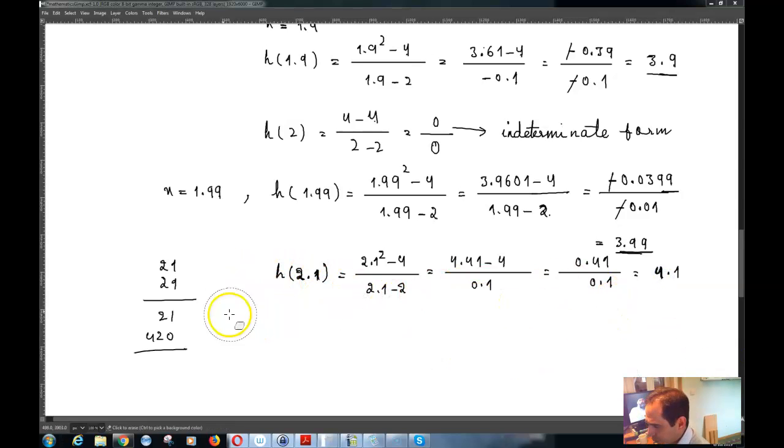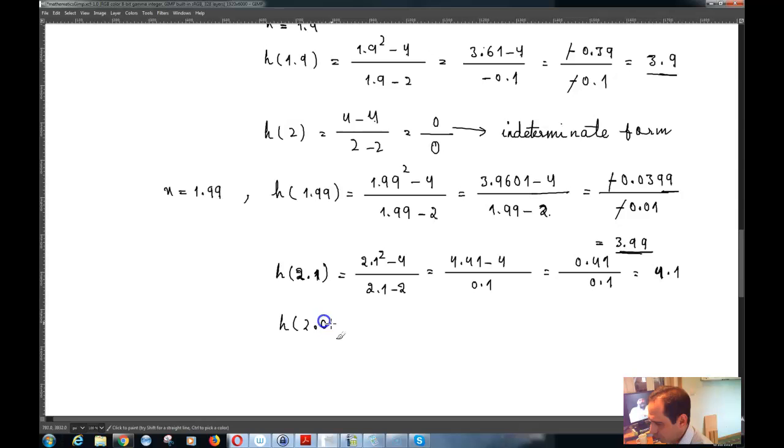If you go 100th of a unit away from 2 from the right, that would be 2.01.